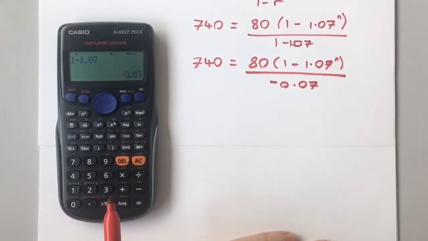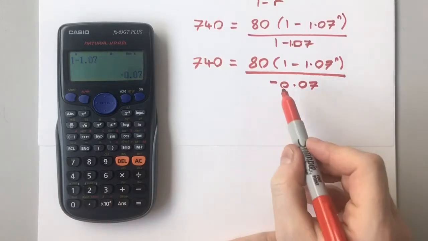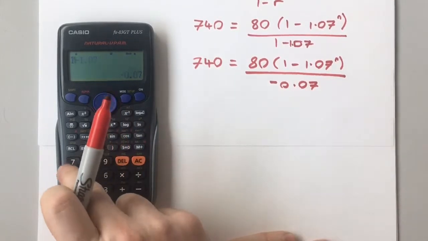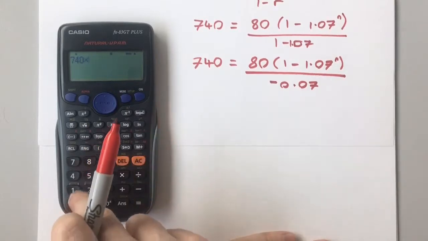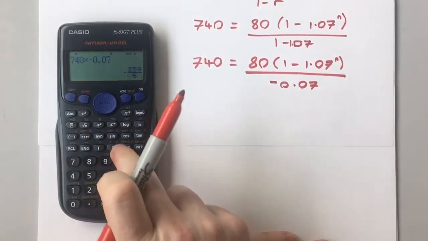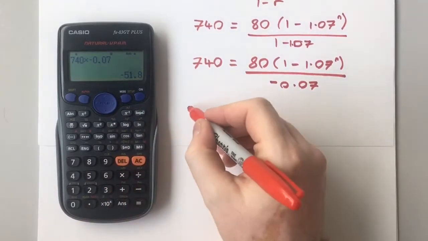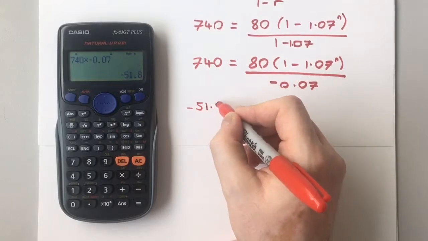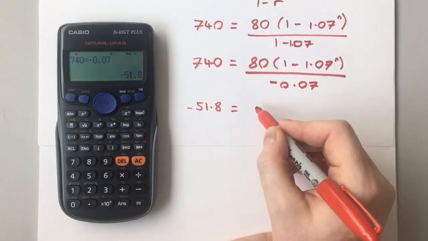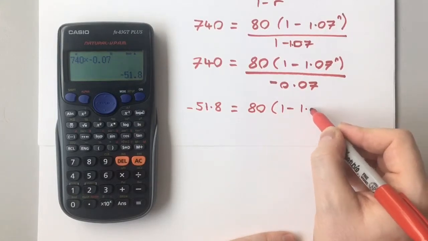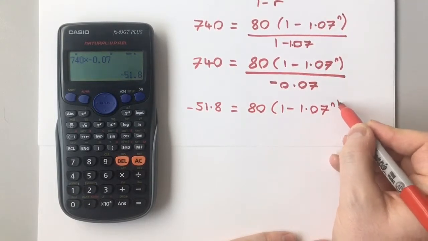The next step will be to multiply both sides by minus 0.07. 740 times minus 0.07 is minus 51.8. And that's equal to 80, brackets 1 minus 1.07 to the n.